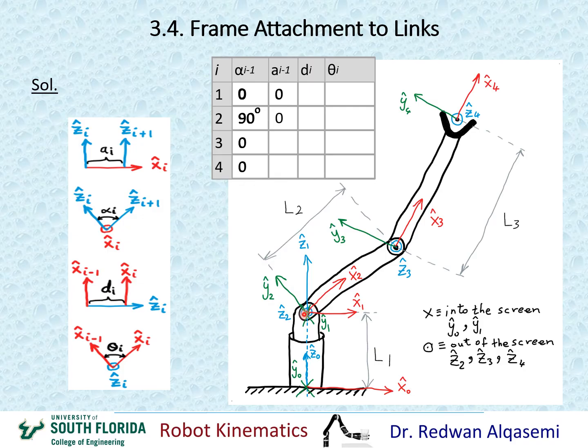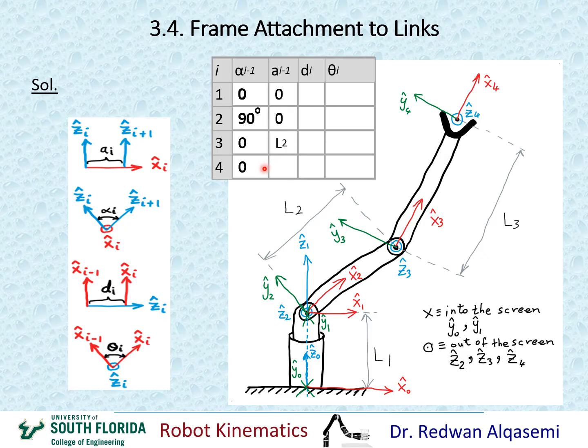I'll be looking at the distance between Z2 and Z3 along x2. This is x2. So I'm looking at the distance between these two axes, Z2 and Z3, along this x2 line. And obviously there's a distance here, and that distance is L2, as we see right here. So that means A2 will be equal to L2.